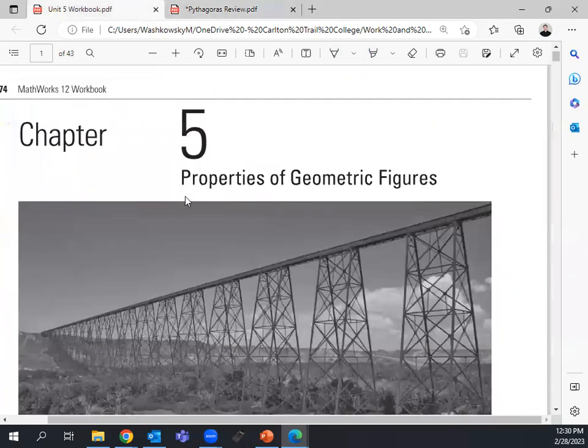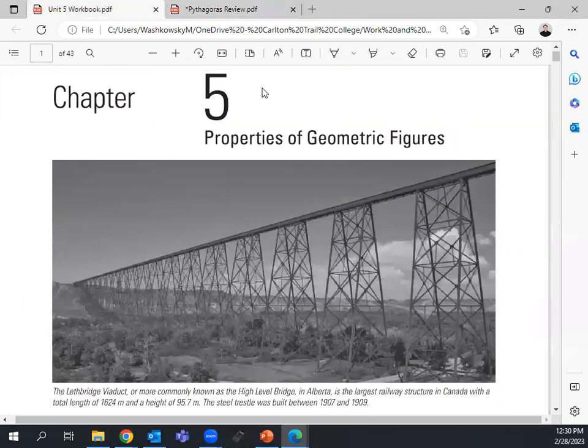Okay, so that's Pythagoras. So what we're working on for this unit here, I've dedicated a little bit of extra time for this just to make sure we have enough time to fully go through it. So this is the properties of geometric shapes. Fancy way of saying we're going to be dealing with triangles. It's called a quadrilateral, a 4-sided shape, and then polygons, like 6-sided shapes.